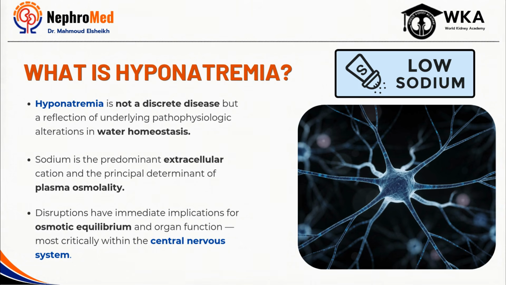That's why patients with significant or rapidly developing hyponatremia can present with neurological manifestations ranging from mild confusion and headaches all the way to seizures, coma, and potentially brain herniation in some severe presentations. So when we approach hyponatremia clinically, we are not just looking at the lab number. We are really trying to understand what's happening with water balance, osmotic regulation, and the cerebral adaptation process.